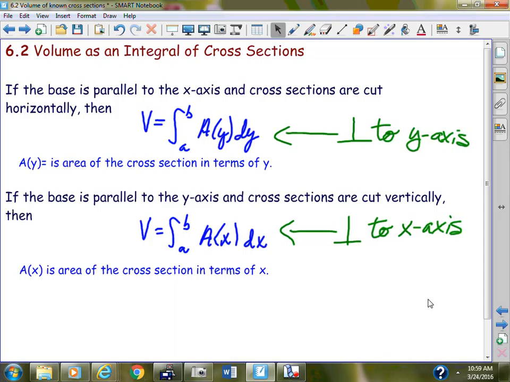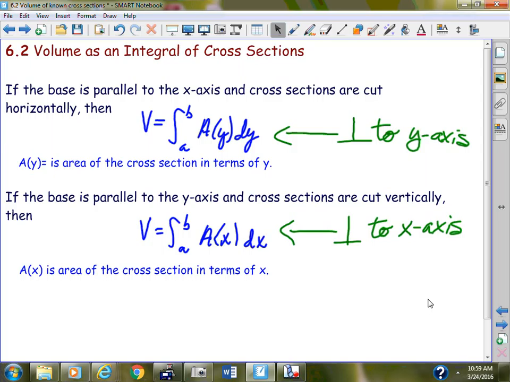The thickness. Isn't that going to be the same thing as the height of that solid slice? All right, so this is area of the base times the height. The thickness is the same thing as the height. And when you do the integral from a to b, that means you're summing up all the slices. Each one of these is the volume of one slice, and then the integral is going to give you the sum of all the slices. Make sense?